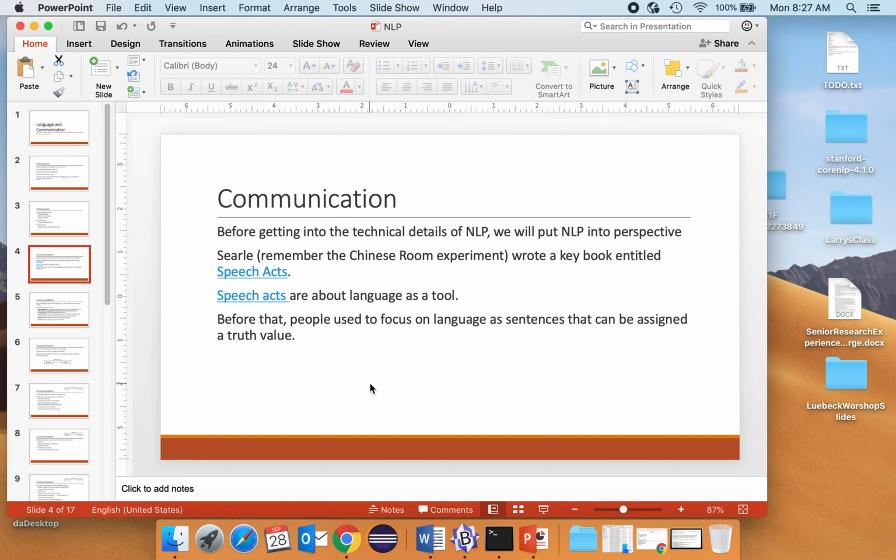We use it to communicate, and communication is very important. The book that he wrote is called Speech Acts, but he wrote many other books, and other people wrote books and articles to turn around the view of language, which until then was looked at as primarily sentences that can be assigned truth values. The moon is made of green cheese or something like that. All right, so let's have a look at that.